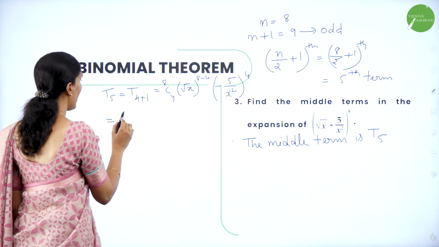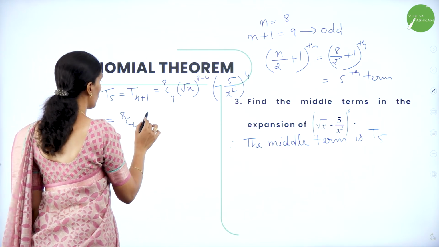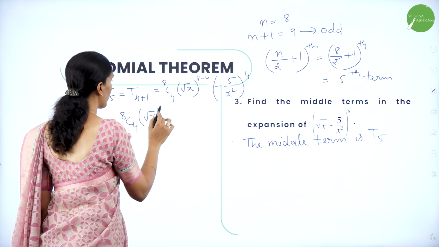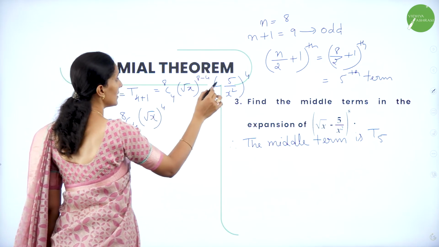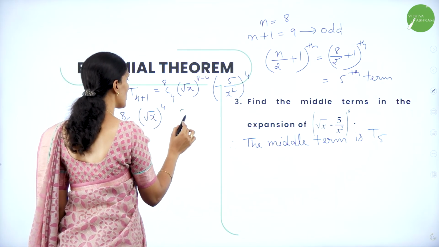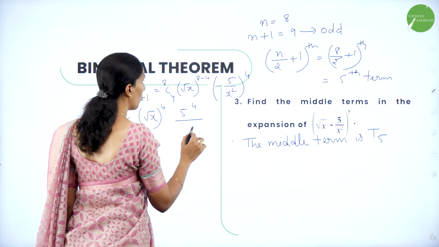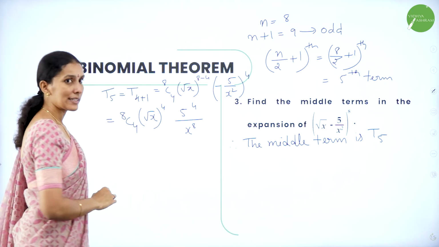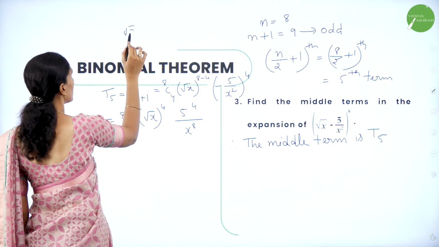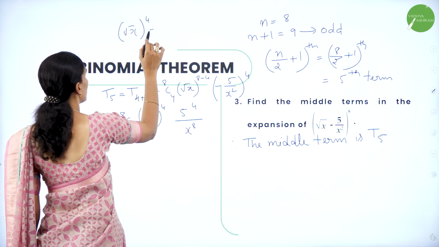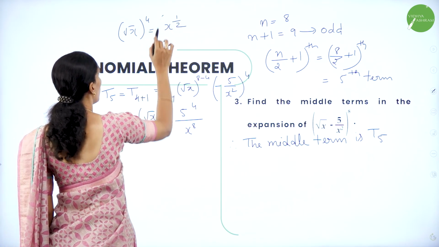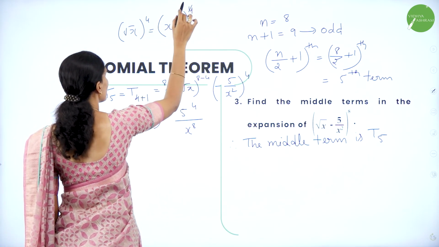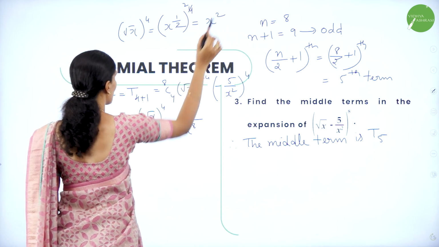So here we have 8C4, root x whole power 4. And since you have even power, it is positive. So it is 5 power 4. x square whole power 4 is x power 8. Root x is nothing but x power 1 by 2 whole power 4, so you will get x square.